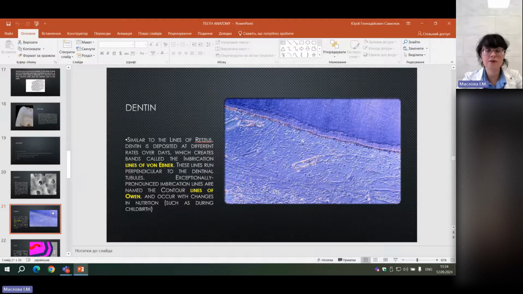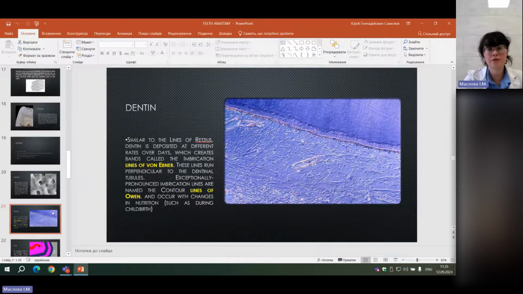Later, a second mineralization process occurs with the progressive expansion of the crystals until they almost fuse with each other. That creates the globular dentine and the interglobular dentine, which is less mineralized.